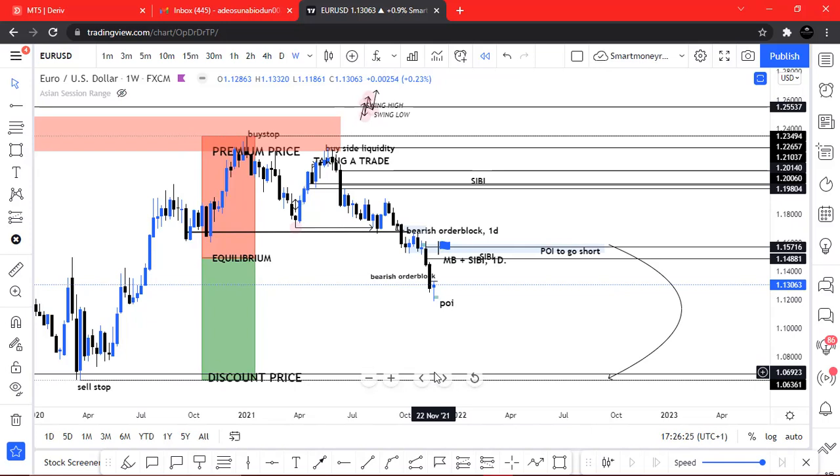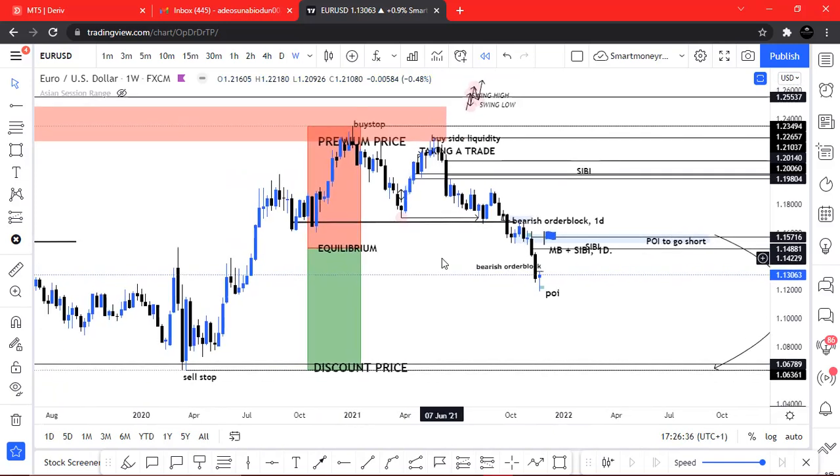And on that side it is going to next, what is the PD array that price is going to respect. Okay, so I'm very sure that with this small explanation, you already have an idea about how to plot these 3 things on my chart.